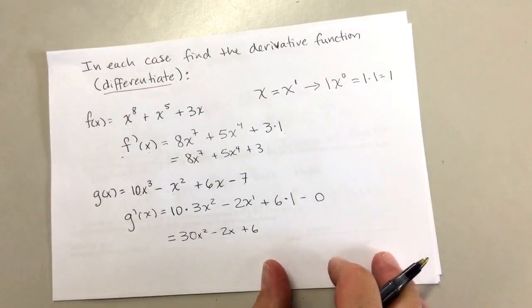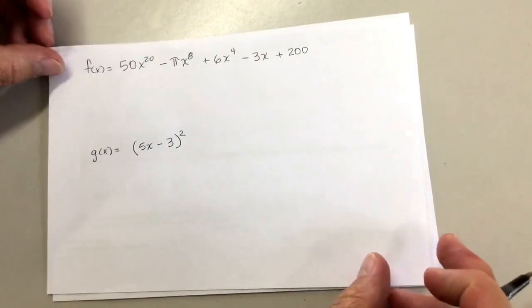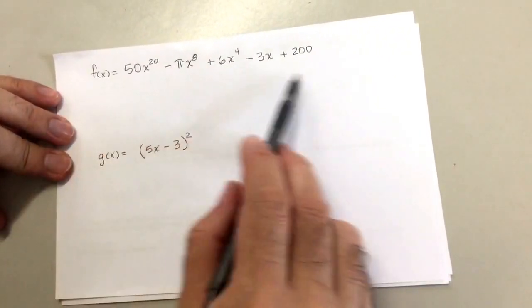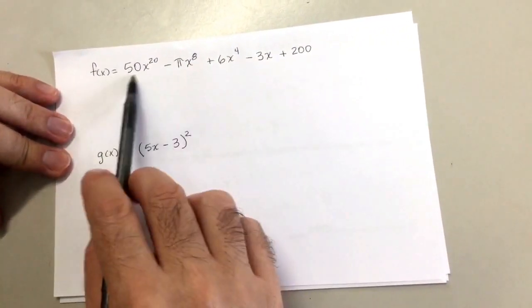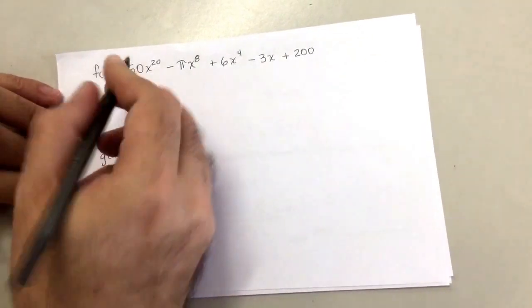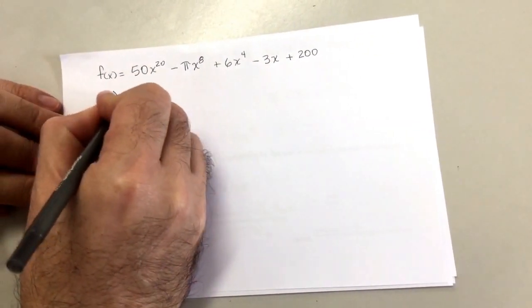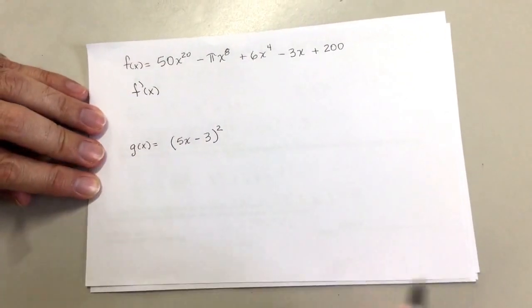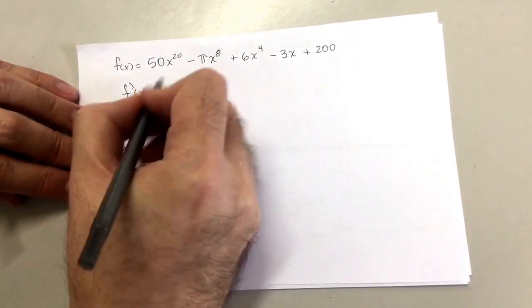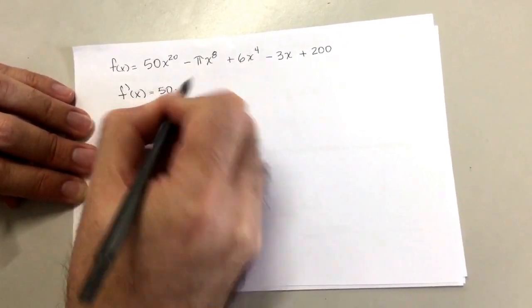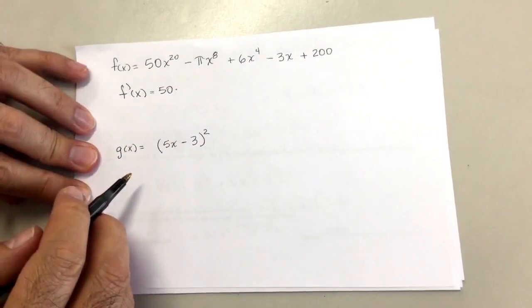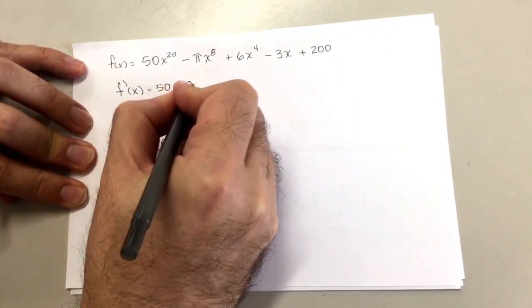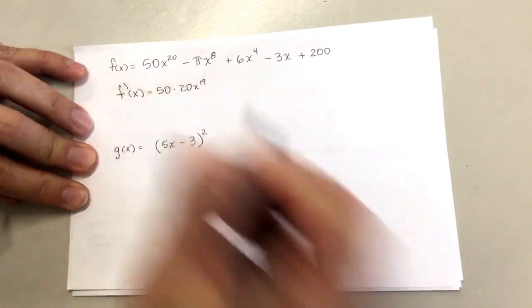Two more examples. Okay, this one's a little bit longer, but it's just all the same. It's a polynomial. So the derivative, f prime of x, is, okay, 50 times the derivative of x to the 20th. That would be 20x to the 19th.